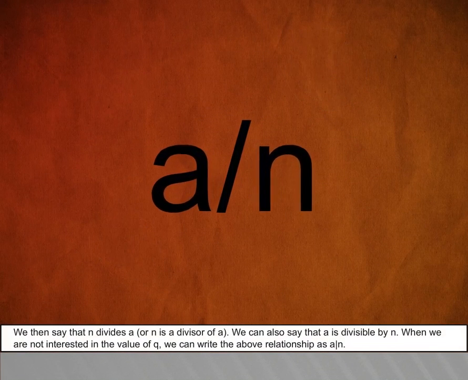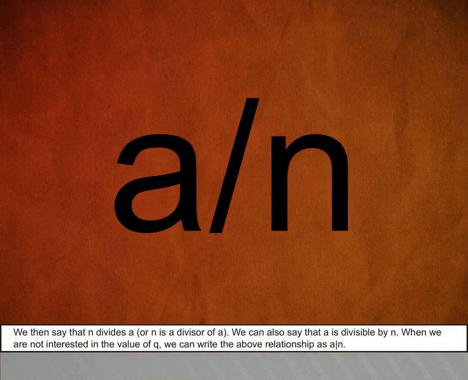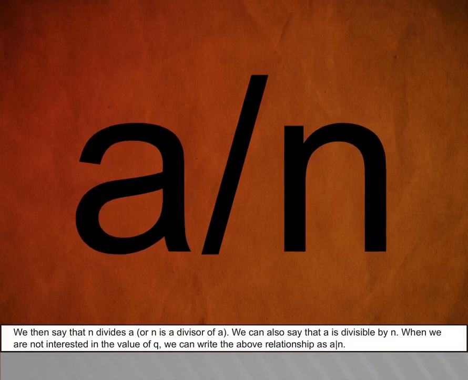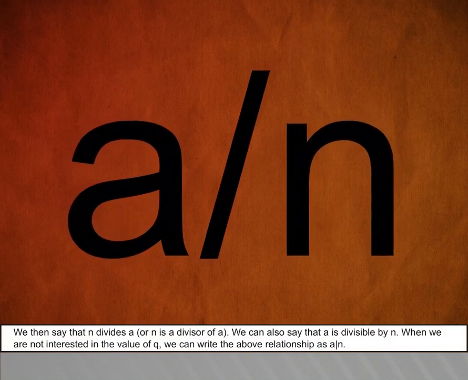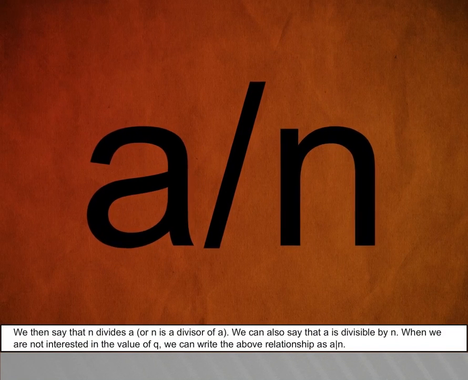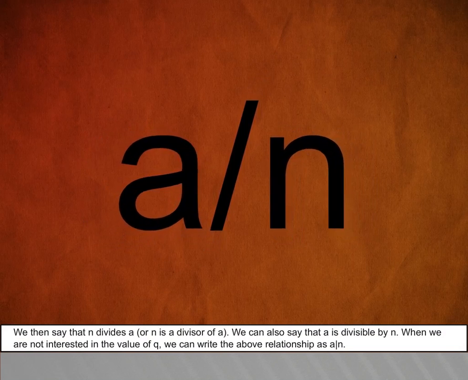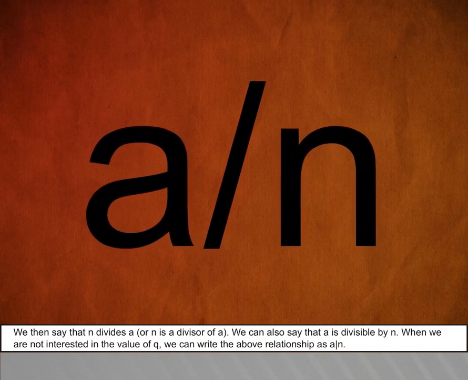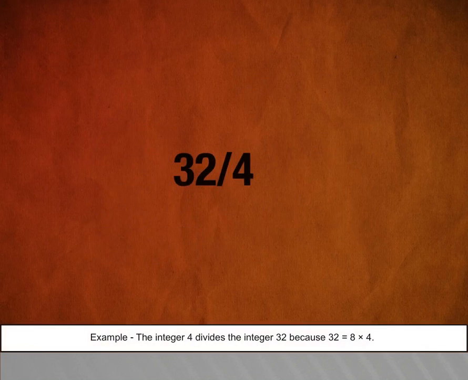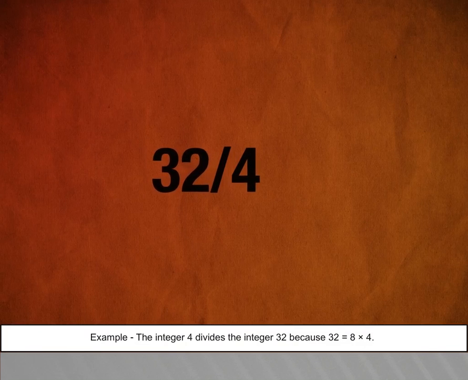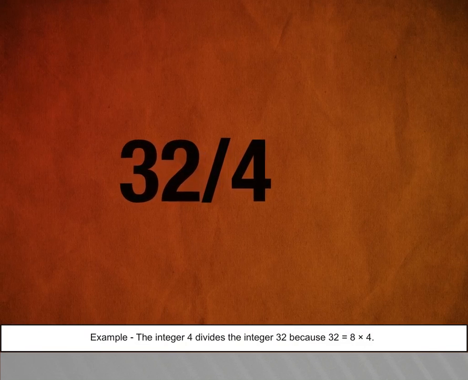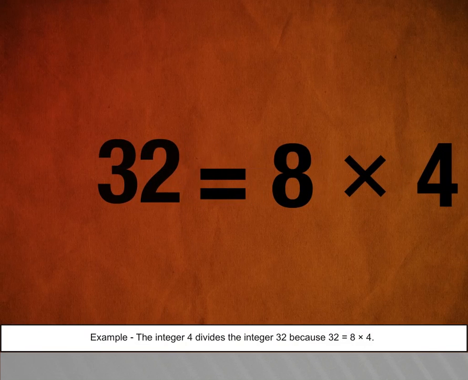We then say that n divides A or n is a divisor of A. We can also say that A is divisible by n. When we are not interested in the value of Q, we can write the above relationship as n divides A. Example, the integer 4 divides the integer 32 because 32 is equal to 8 into 4.